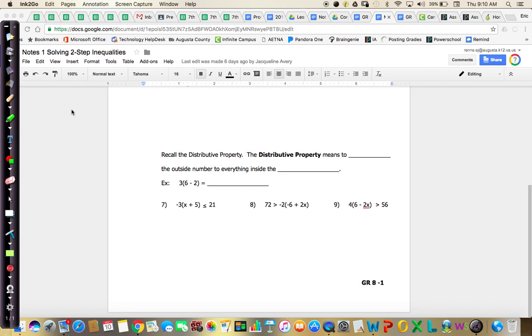So actually, this will in fact be a 3-step problem. So recall the distributive property. Distributive property means to multiply or distribute the outside number to everything inside the parentheses.